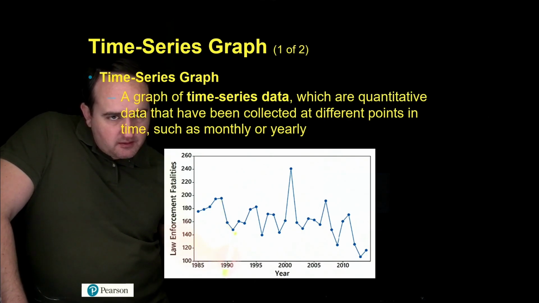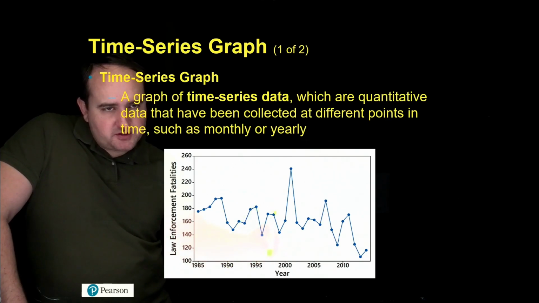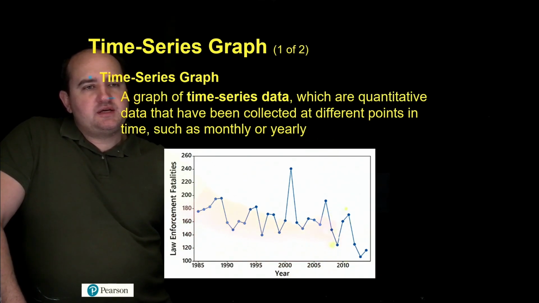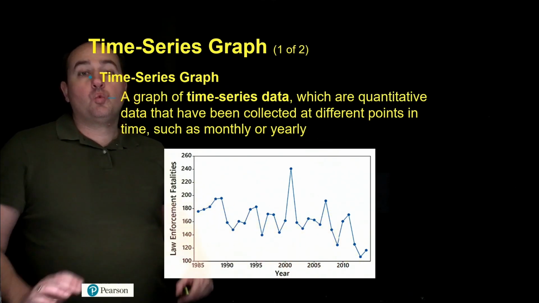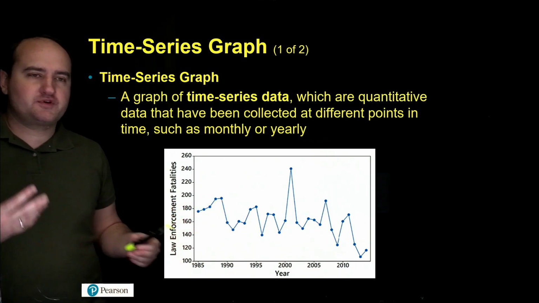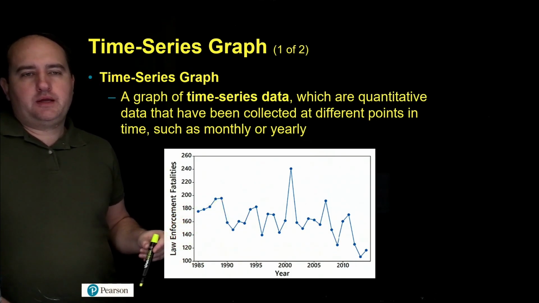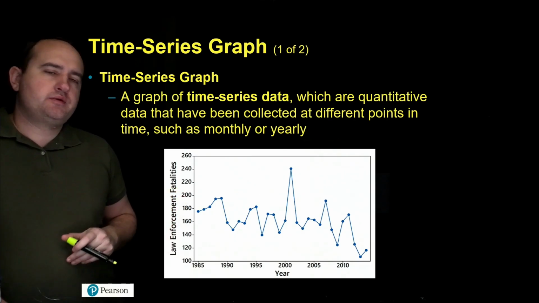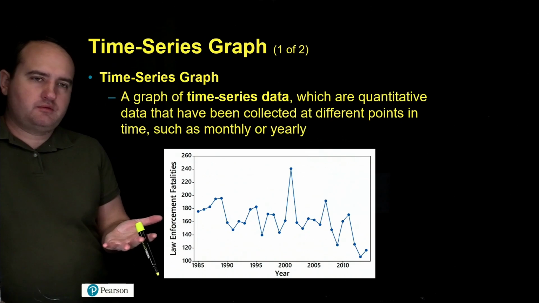It decreased here, and then it started increasing again to 1995, and so forth. So you can see that the graph very easily allows us to see what's going on over time. And of course, that's a useful thing, not just for this particular example.